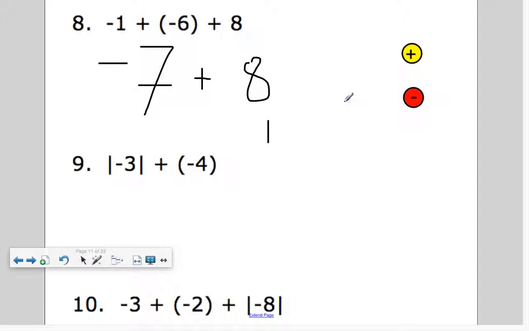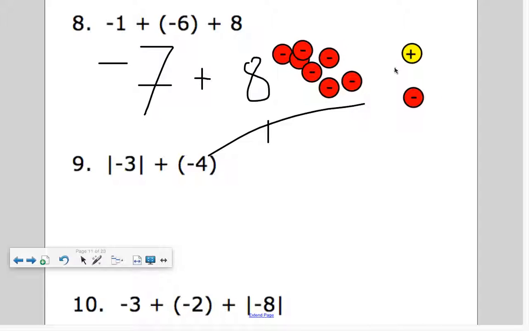If you do not trust me, we have 1 negative. We mix it up with 6 negatives. 3, 4, 5, 6. And I mix it up with 8 positives. 1, 2, 3, 4, 5, 6, 7, and 8. All of these are 0 pairs. We are left with positive 1 or 1.